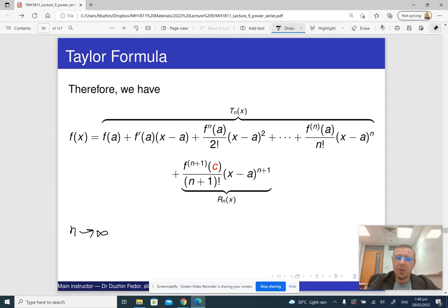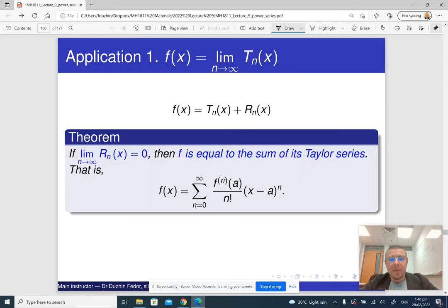If n goes to infinity, and if it happens that this term goes to zero, it means that our function can be expressed as the sum of an infinite series, right? So the important conclusion here is that if the limit of the remainder as n goes to infinity is 0 for every x, then f equals the sum of its own Taylor series. Okay?